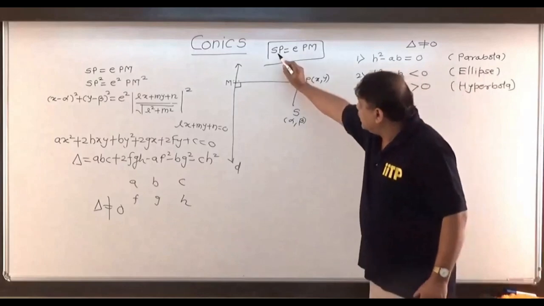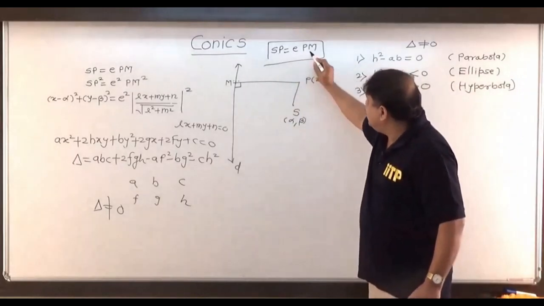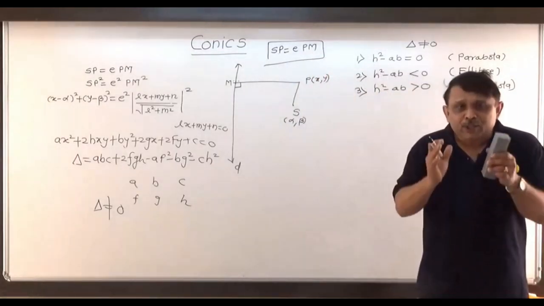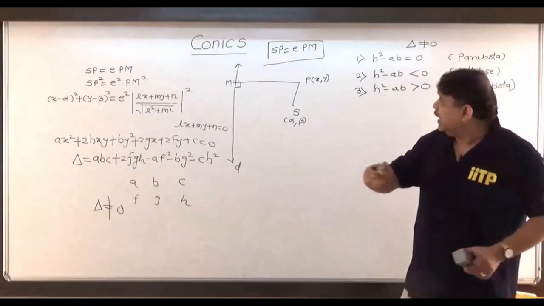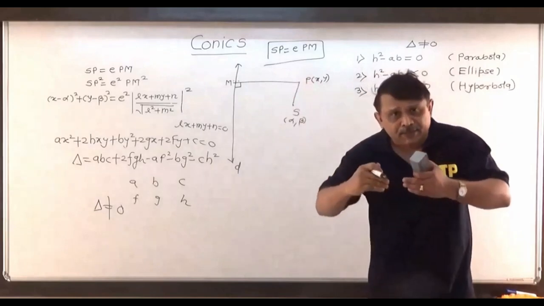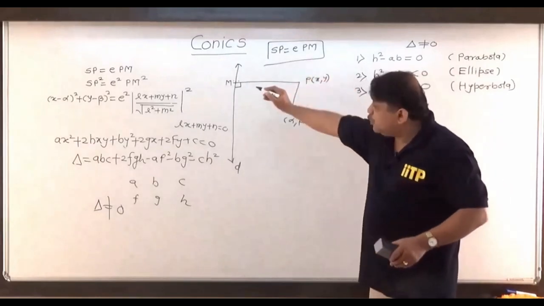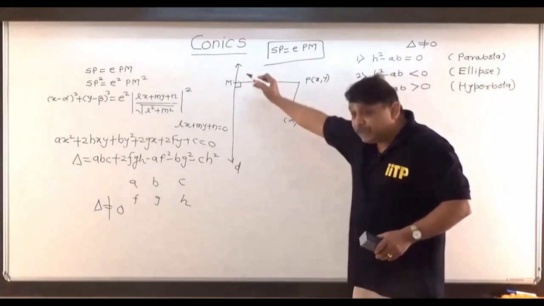Only one thing you remember, that SP is equal to E into PM. This property is called the focus directrix property, because SP is related with the focus, and PM is the perpendicular dropped from P on the directrix.